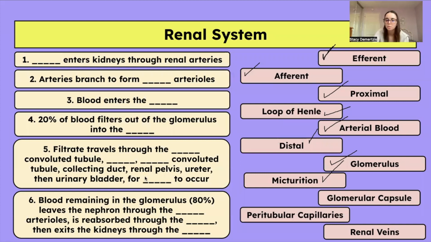Renal veins. Okay, I'm sorry. Continue. Yes, efferent arterioles. Oh, I realized what I did. Pause one second.